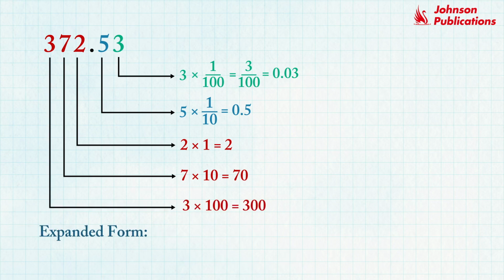Thus, the expanded form of 372.53 is 300 plus 70 plus 2 plus 0.5 plus 0.03. The number 372.53 is in its standard form.